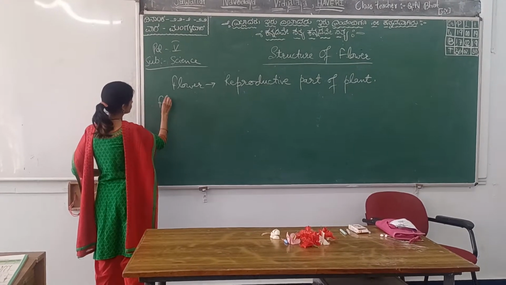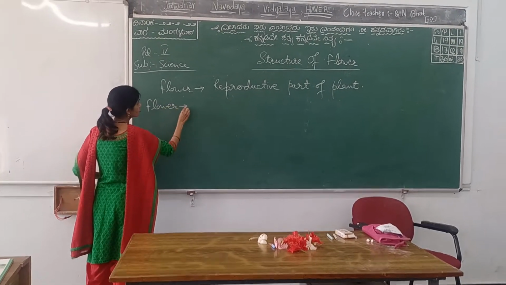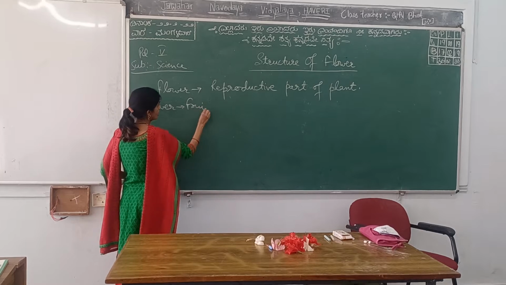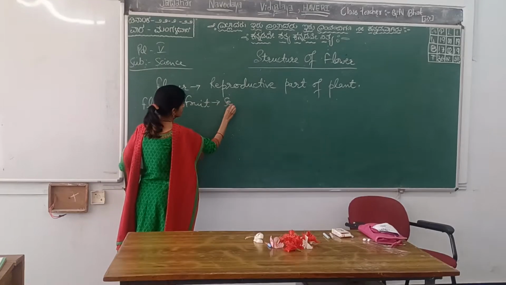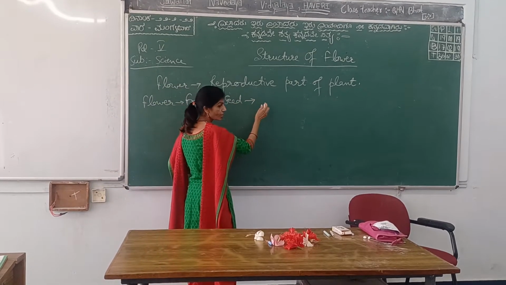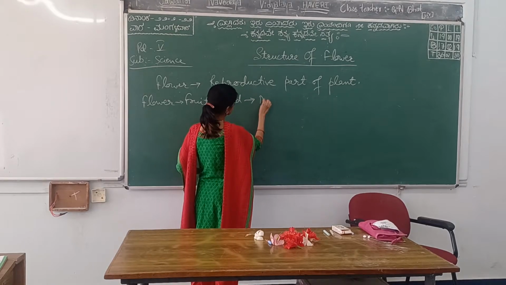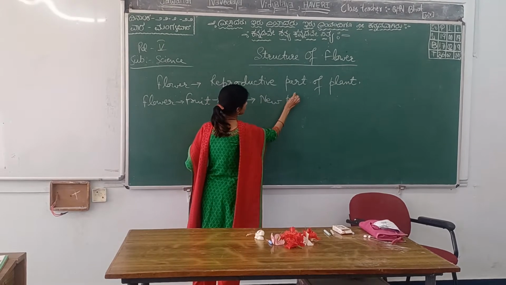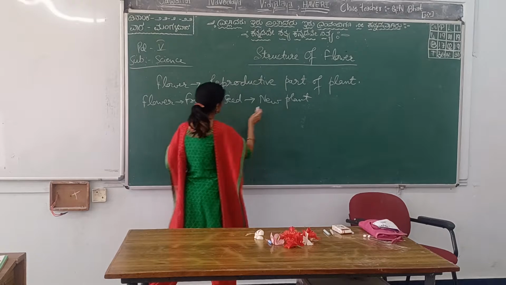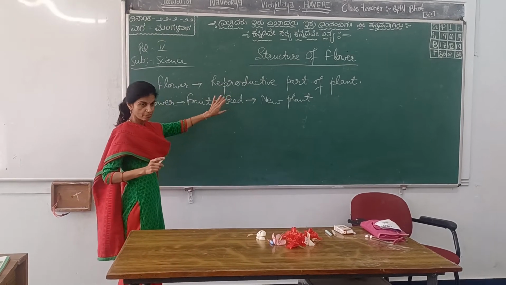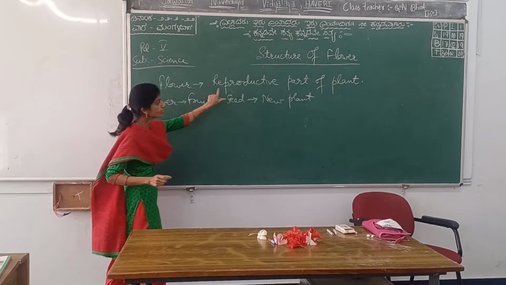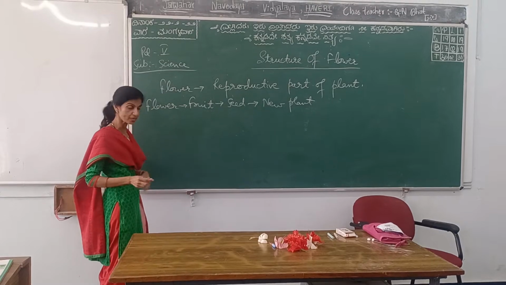In place of flower, that fruit is formed, and in the fruit seed is there, and this seed gives birth to new plant. New plant is reproduced. That's why this flower is the reproductive part of plant.